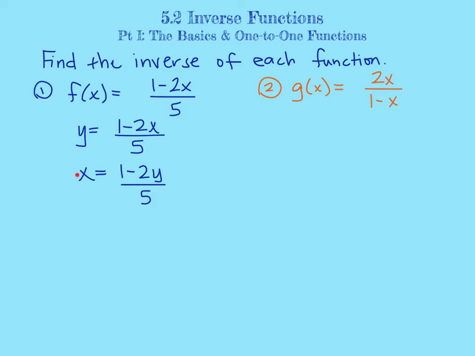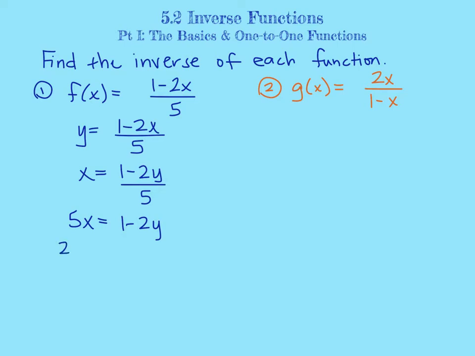So we can multiply both sides by 5 to get 5x equals 1 minus 2y. Then we can do a couple different things. I'm going to add 2y to both sides to keep things positive, and then subtract 5x from both sides.